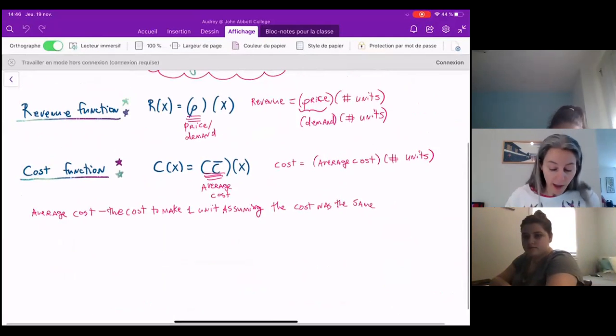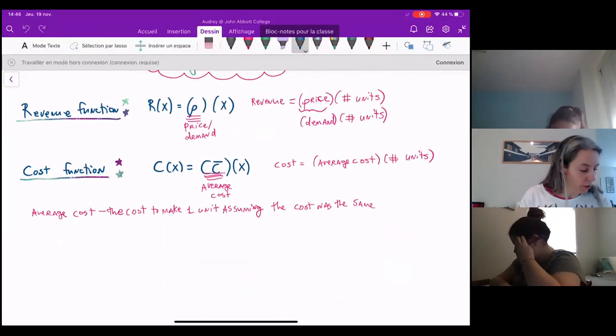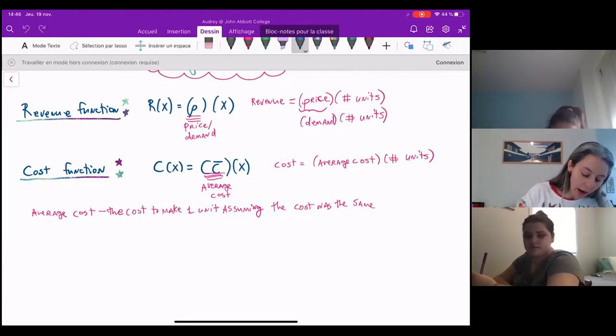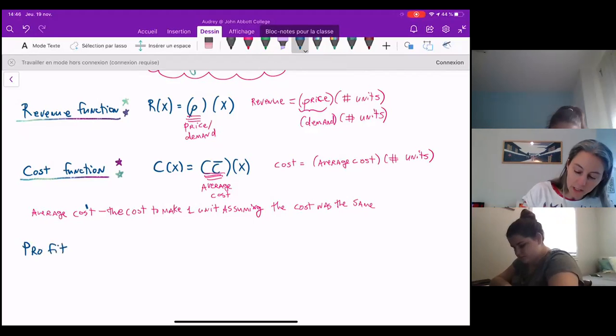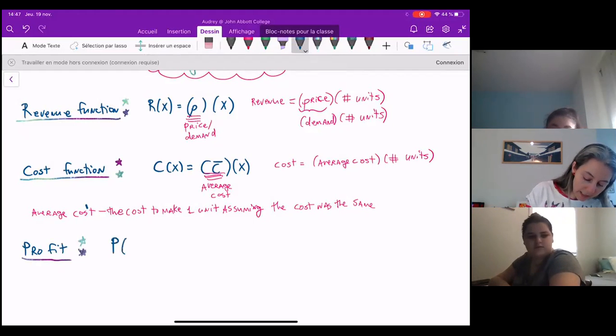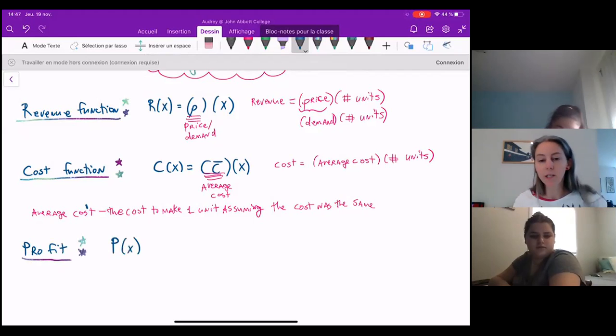Okay, so we have our revenue function, we have our cost function, and our last function here that we care about is our profit function. And I want you guys to be careful because we use a P for price or demand, but we also use a P to represent profit. So profit is a big P, whereas price or demand is a little p. So just be careful about the difference between those two things.